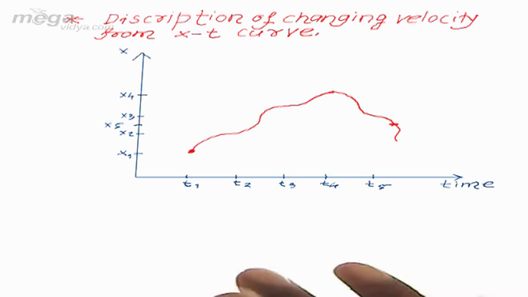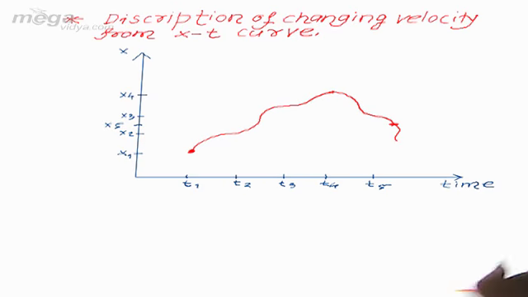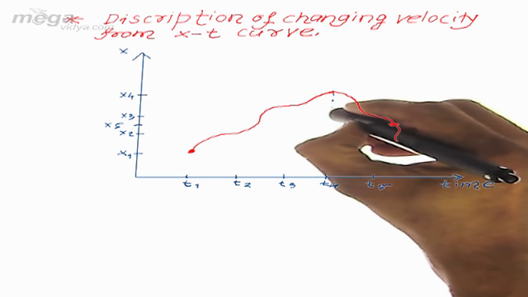So in a particular time interval, if I draw tangents at each point, then those tangents may have different angles with the time axis, meaning different velocities. How can we see in what way the velocity of the particle is changing? For this conclusion, we will do something like this.